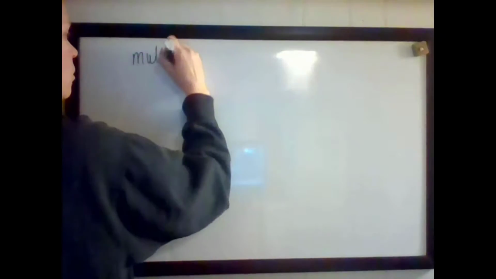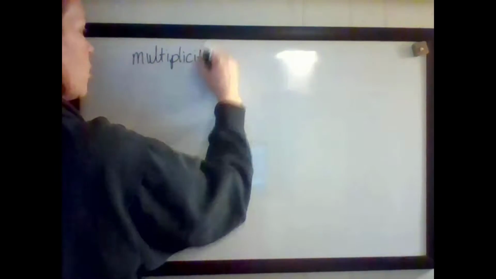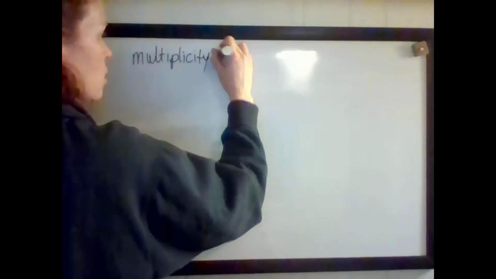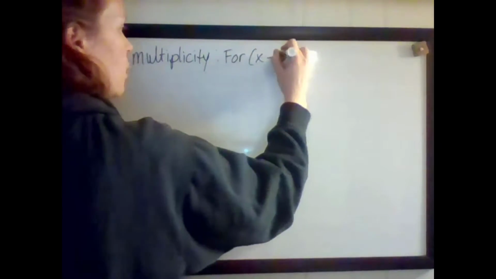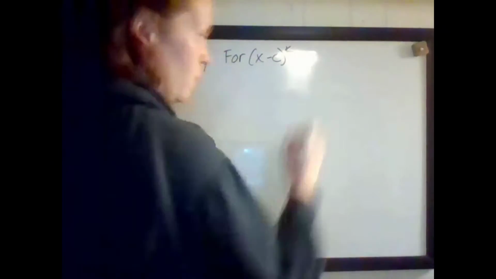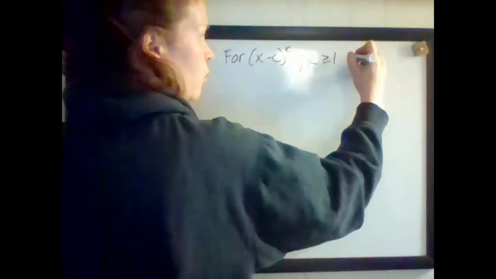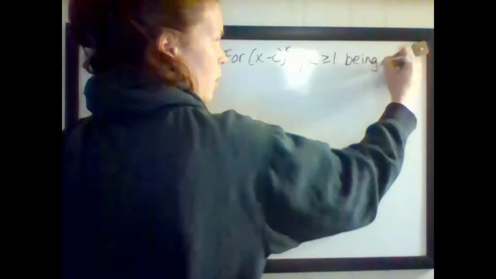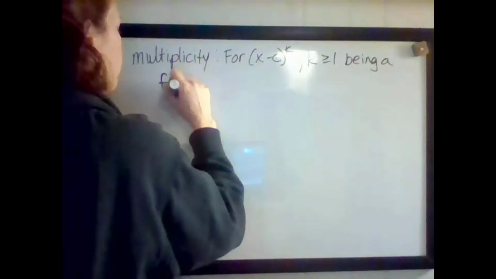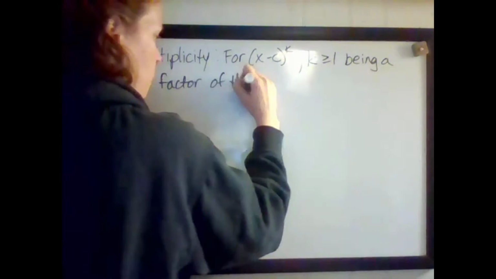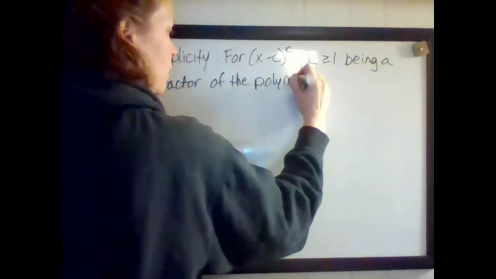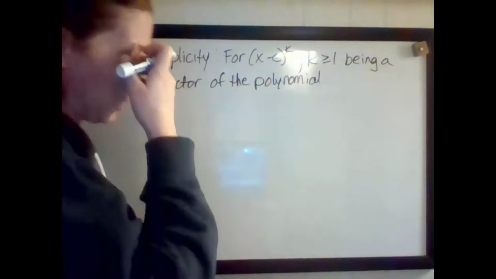But what can happen sometimes is they can double up kind of. So let's look at what happens if we have what's called multiplicity. Different multiplicities. So what multiplicity is: for x minus c to the k power, k being greater than or equal to 1, being a factor of the polynomial, certain things can happen.